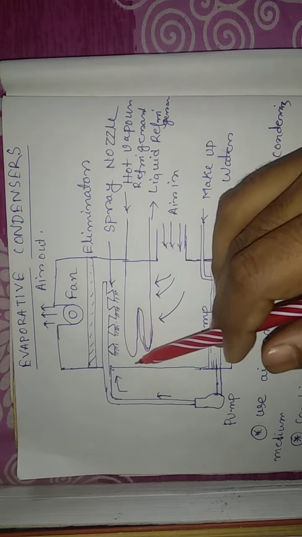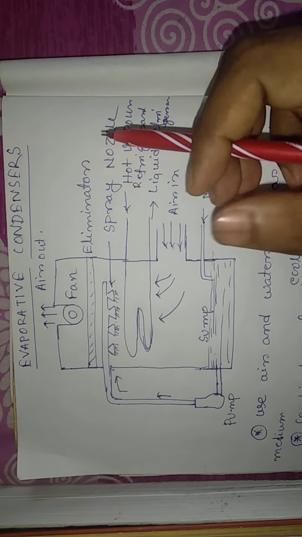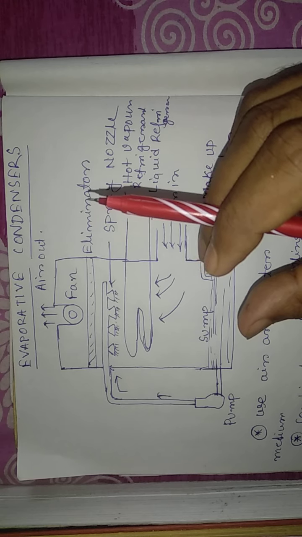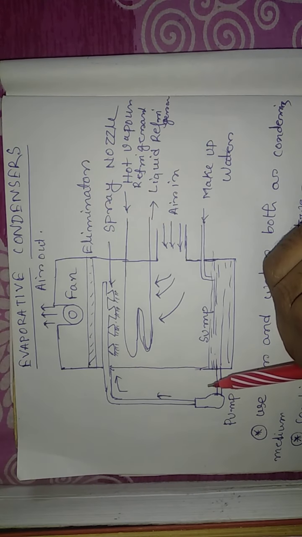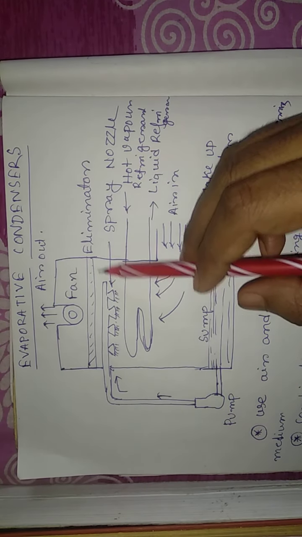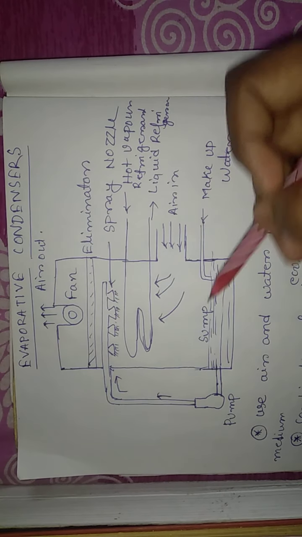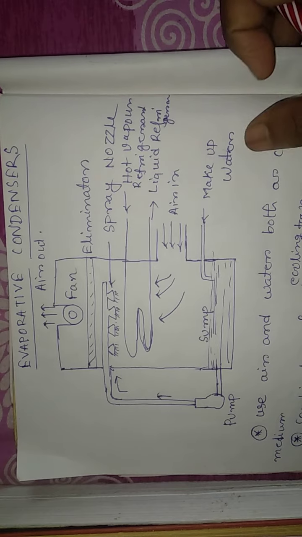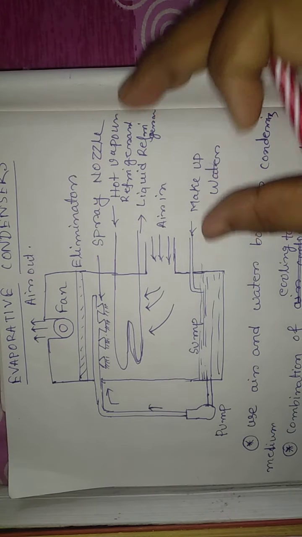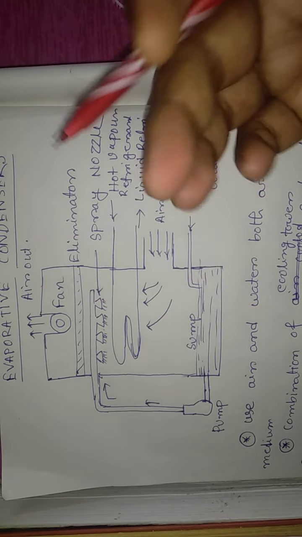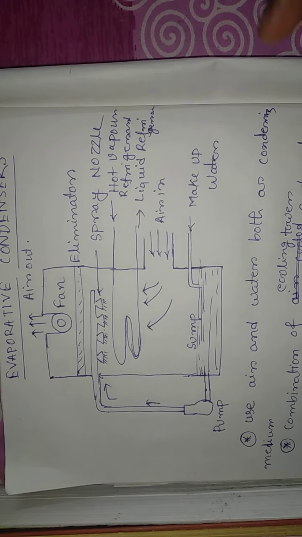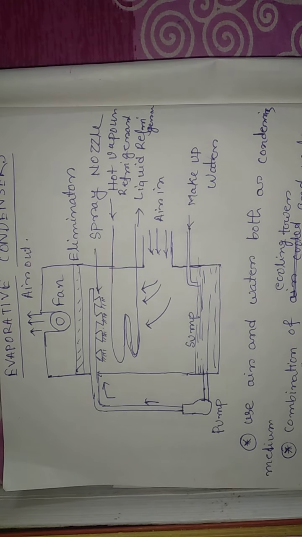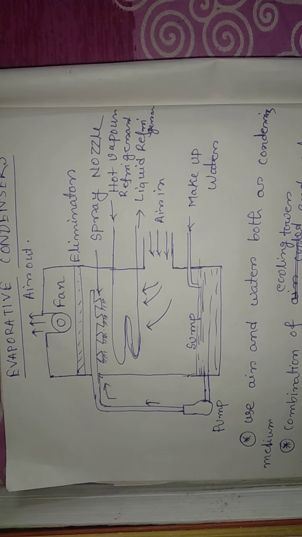So these are the basic parts of an evaporative condenser, and each has its own function: a pump, spray nozzle, spray header, eliminator, fan, sump, and this is the pipeline for make up water. As the name suggests, in an evaporative condenser both air and water are used as the condensing medium.